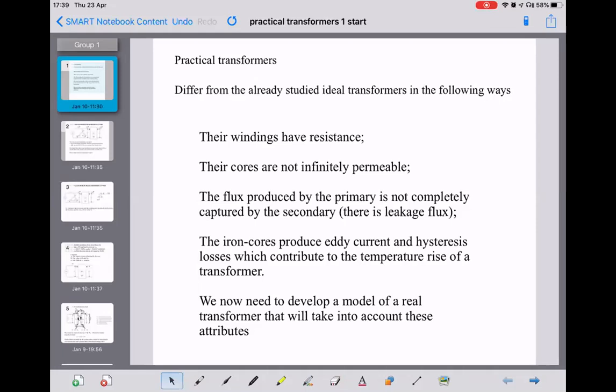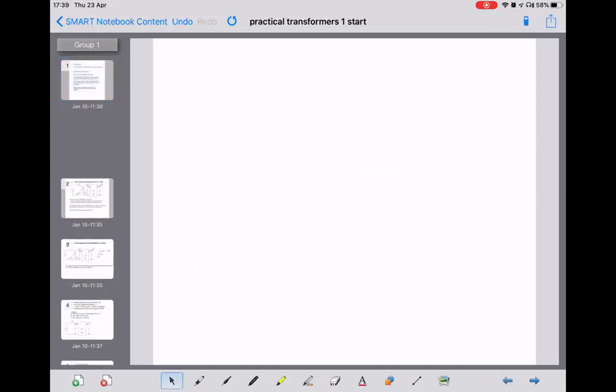So what we're going to do is develop a model of a real transformer, and first I'll make another slide and explain what I mean by hysteresis.